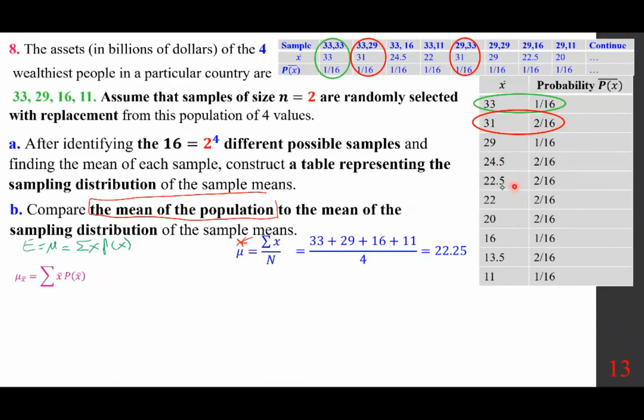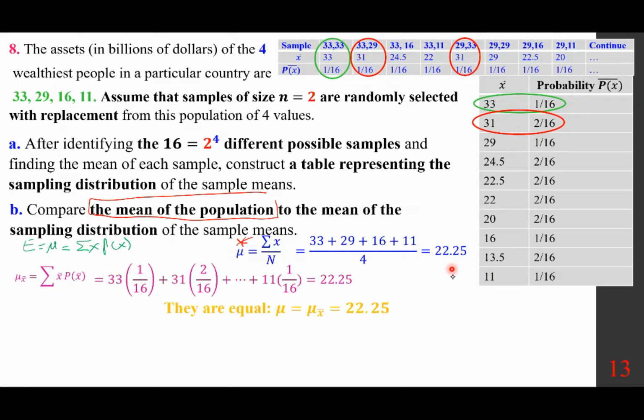We multiply these two and add them up. So 33 times 1 over 16 plus 31 times 2 over 16 all the way to the end plus 11 times 1 over 16. And when we do the math, they are identical. So they are equal. Mu and mu of x bar are both 22.25.